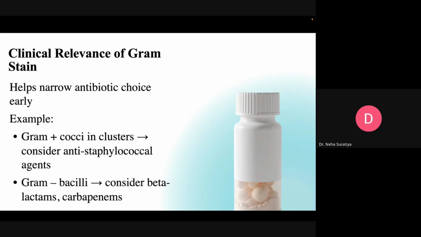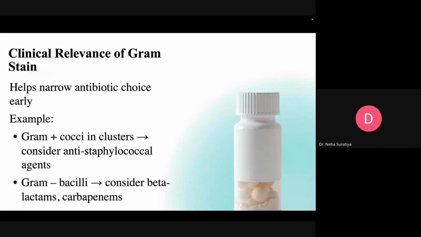For example, with gram positive cocci in cluster, as I explained earlier, you will think staphylococcus, and it is written in the report, and it covers MRSA in some conditions.